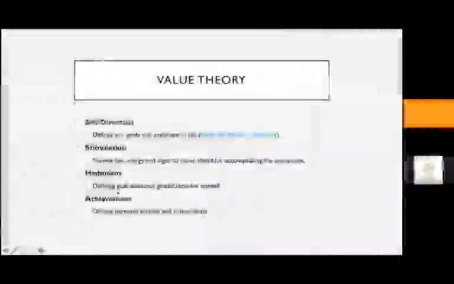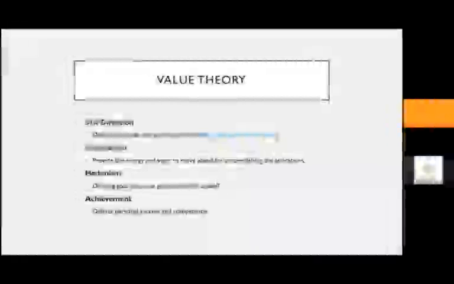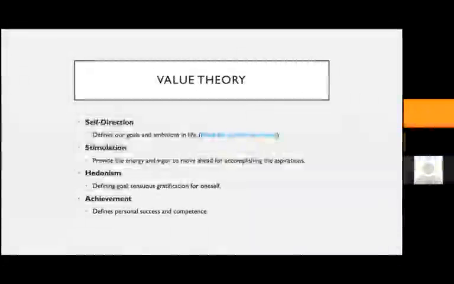The next value was hedonism. This is the value which has to deal with self-gratification, with wanting to please yourself, pleasures of your own senses. The fourth one was achievement. This is the need to be successful, to be competent in whatever it is you're doing or what you want to achieve.